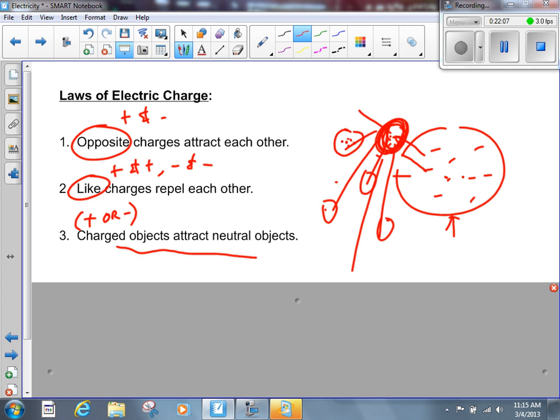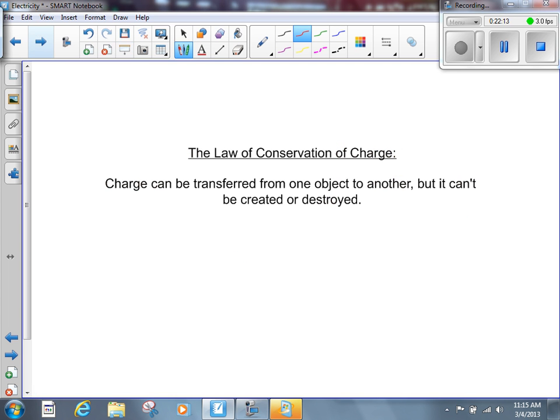One more law that we're going to talk about, and then that's it for the day. This one doesn't fit within the laws of electric charge, but it's still related to it. We call it the law of conservation of charge. It's like the law of conservation of anything else. The law of conservation of momentum. Momentum can't be created or destroyed. We don't usually phrase it that way, but that's ultimately what it means. The law of conservation of energy. Energy can't be created or destroyed. Chemistry. The law of conservation of mass.